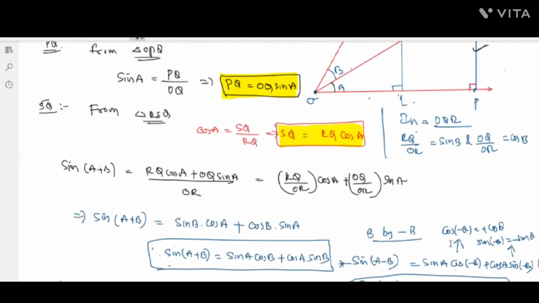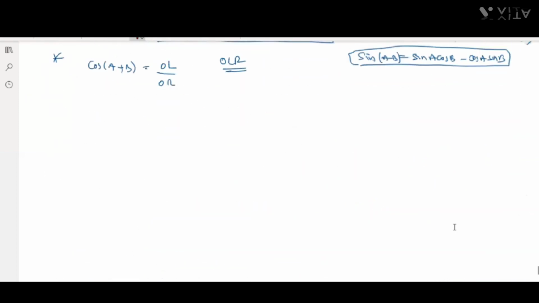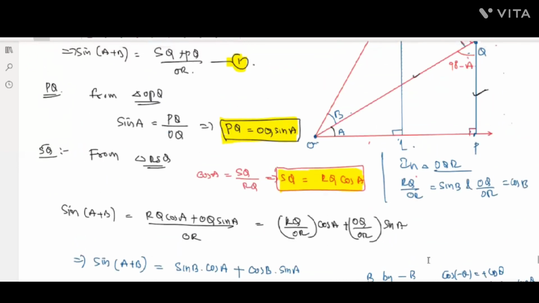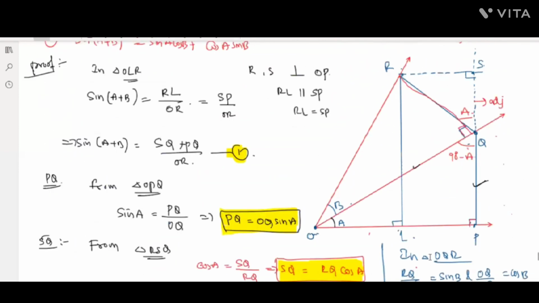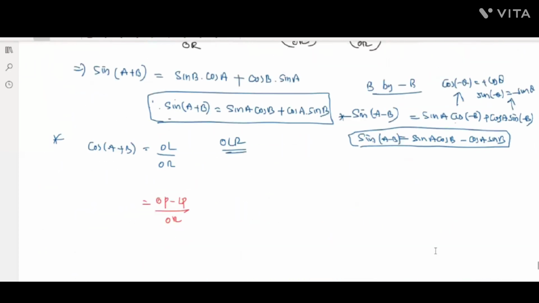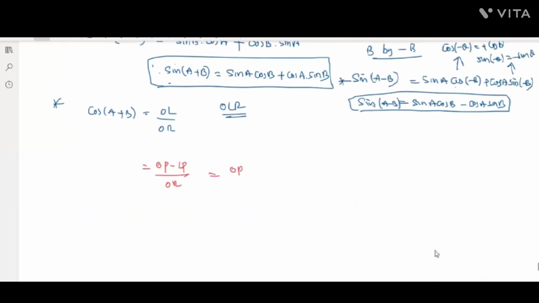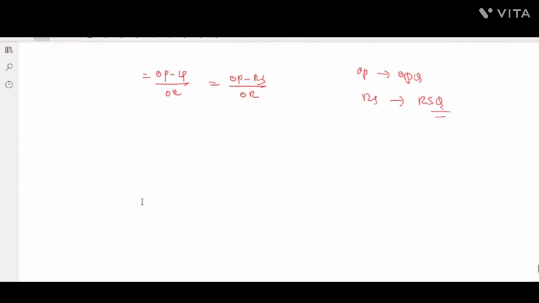Since OL directly we cannot find, we write it as OP minus LP by OR. OP you will get from triangle OPQ, and LP is equal to RS, which you will get from triangle RSQ. So again do it similarly and you will get the proof for cos(A+B) also.